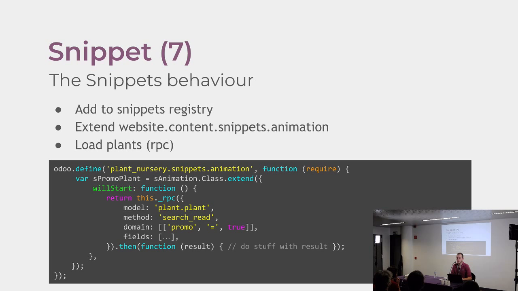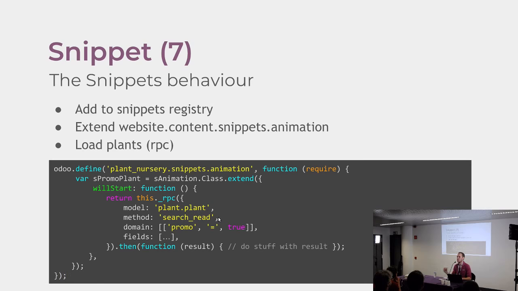So first thing to do, your snippet needs to know which plans to display. So it has to fetch them from the server to display them. This is what this part is doing. So basically we do an RPC to the server to fetch the plans. We just call the model that will fetch.